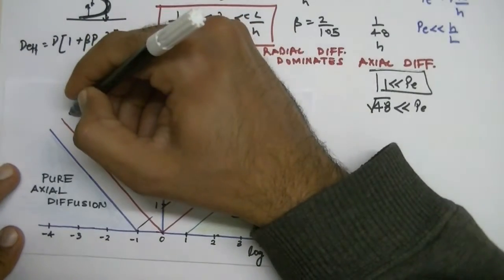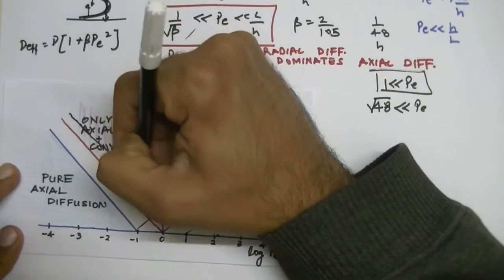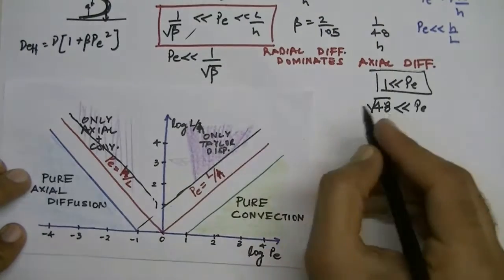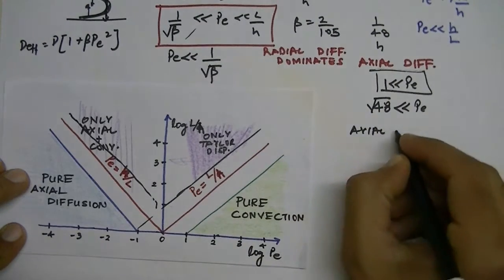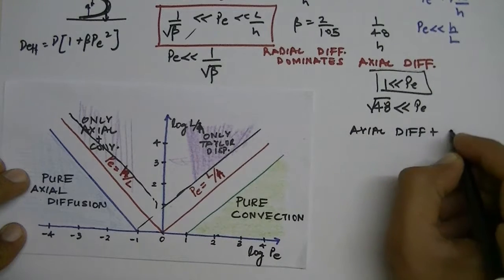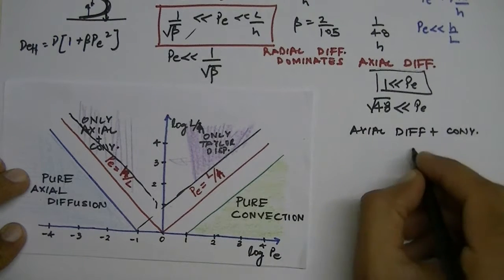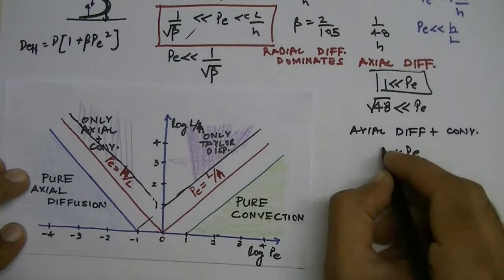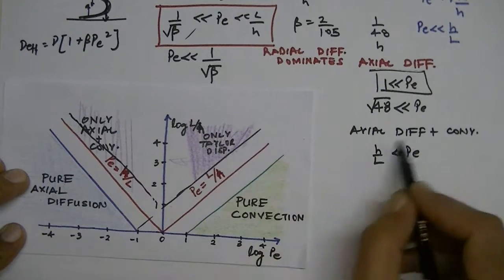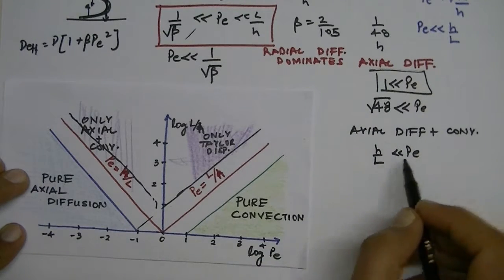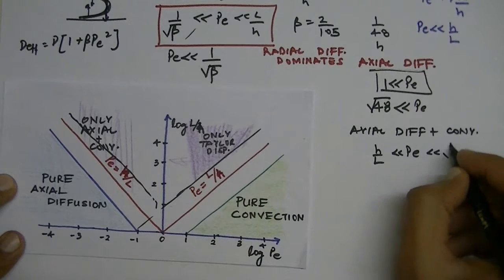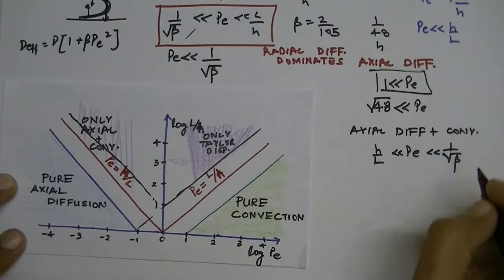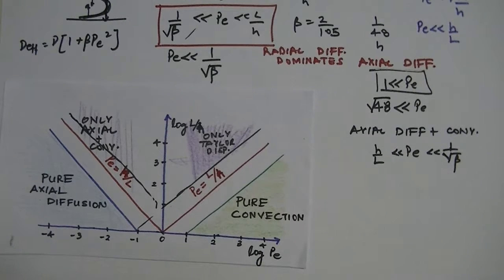So actually we can draw a parallel line over here to ensure that for axial diffusion plus convection, we have Peclet number which is larger than h over L, because if this is not satisfied, then we'll just have pure axial diffusion, and we have Peclet number which is much smaller than 1 over under root beta.